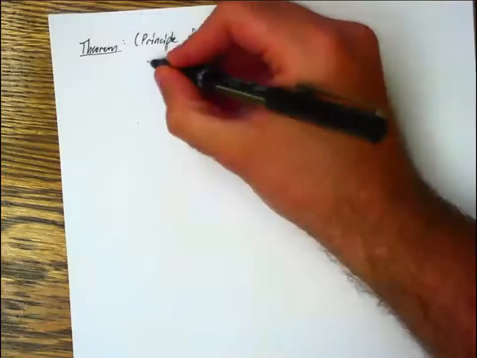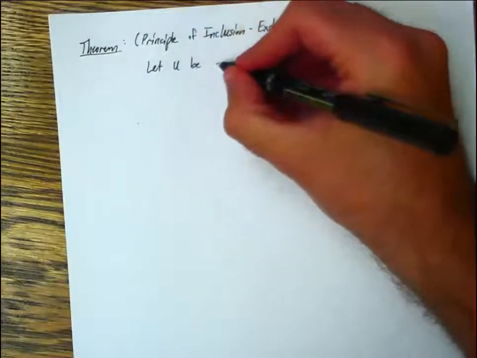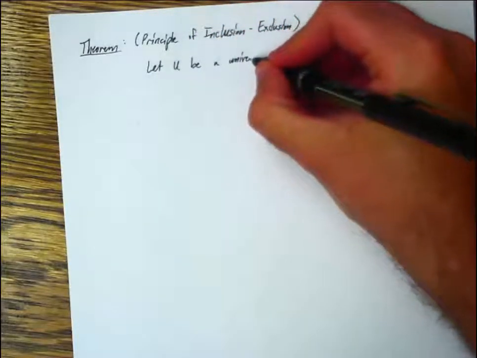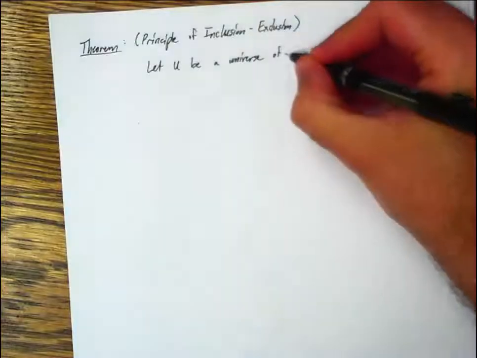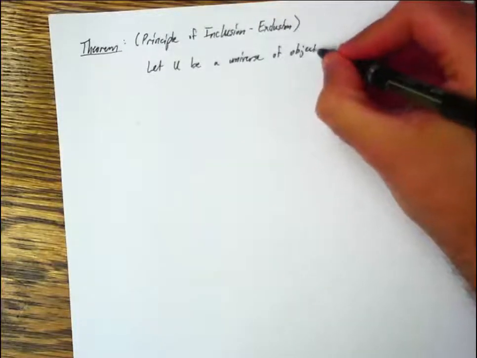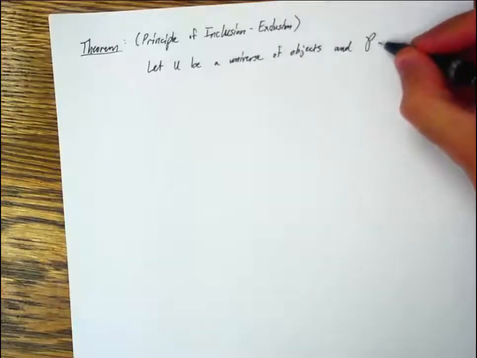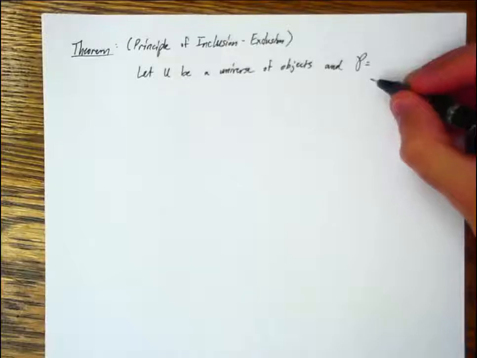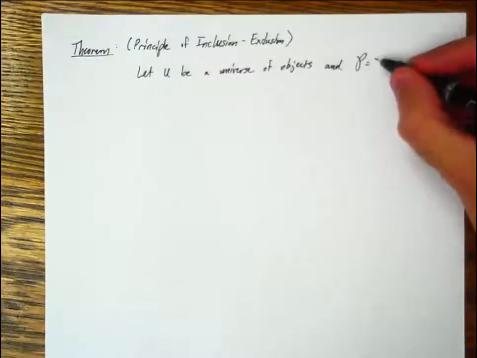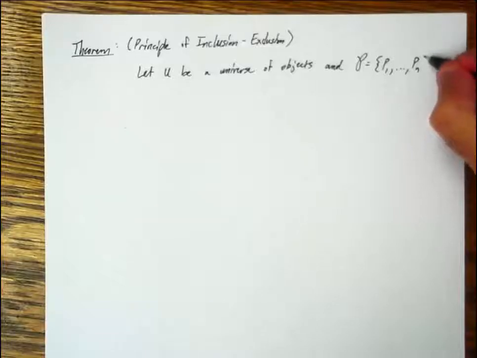All right, so this is stated thusly. Let U be a universe of objects that we know how to count. And this is the tricky part of the statement. And script P, this is just a fancy stylized P, is a collection P1 through Pn.